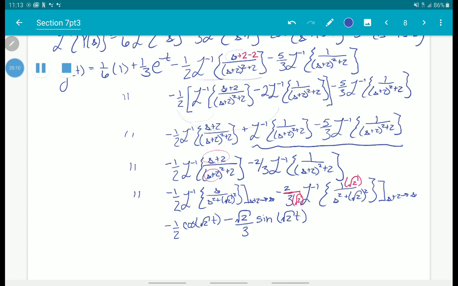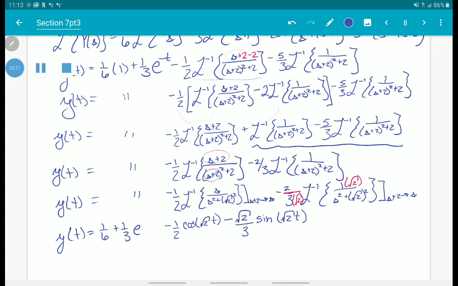My final answer, let me clean this notation up just a little bit. It's going to be y of t is equal to, that first term was 1/6. The second term was 1/3 e to the negative t. The third one ended up being negative 1/2 cosine of square root of 2 t.